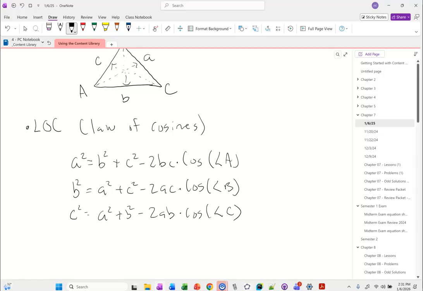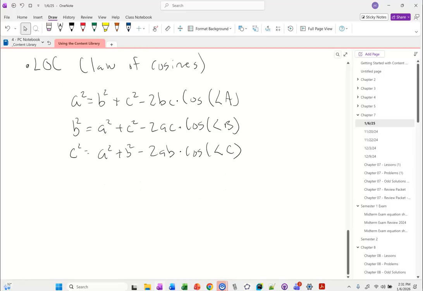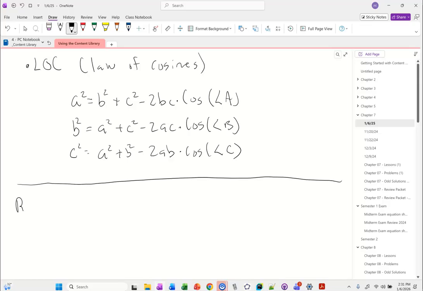How am I going to know? It's going to depend on what the given information is. So we're going to go back and talk about another idea from geometry to help connect this next idea to these two formulas.